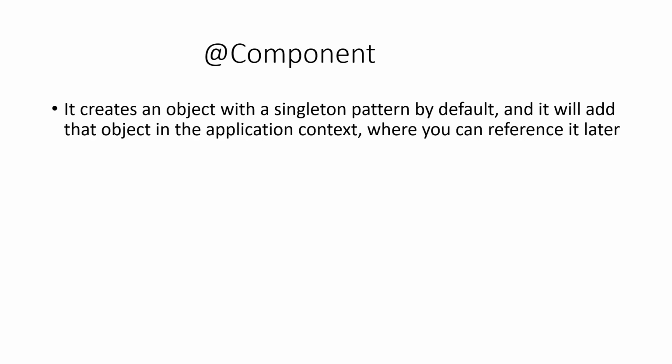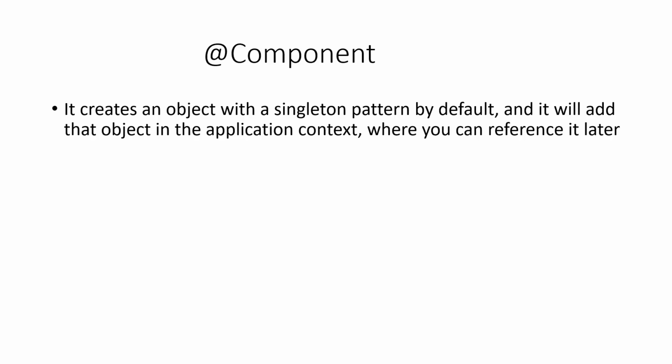Basically, the singleton pattern creates one instance for that specific class, so there will be only one object in memory, and you can't create multiple objects. For now, just ignore this, but I want to tell you right from the start that by default it's a singleton, and it will add that object in the application context where you can reference it later.